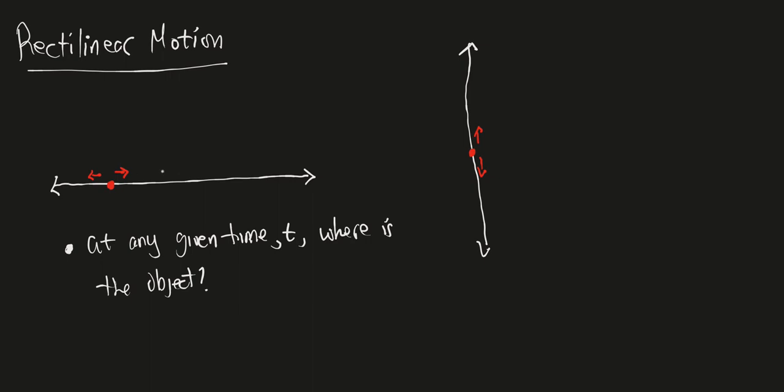And since we're talking about axes here, what we're going to do is assume that we have a point of reference, and we're just going to call it our origin like we normally do. So somewhere along this axis is a point that we're going to refer to as 0. And in order to answer this question, it would be nice if we could have a function where at any given time, if I plug in the value of time, it will give me a number that will give me the position relative to this origin.